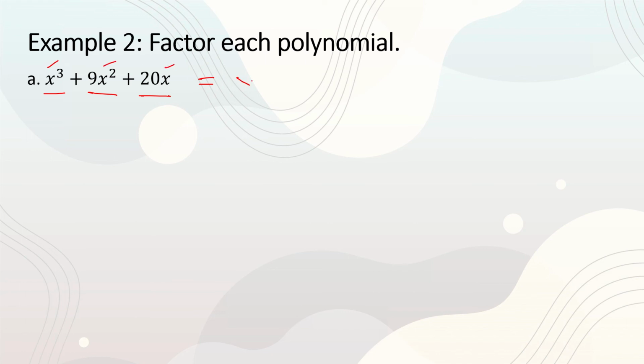So you factor out the x, what will be left in our first term if we factor out 1x out of the 3 x's? So yung matitira na lang, dalawang x. Our second term, 9x squared, since we factor out one of its x, what will be left is just 9x. Then third term, 20x, just 20.